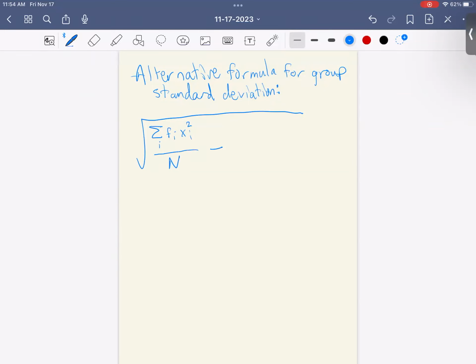And then you can subtract off the mean squared. Okay, I believe this is what Gabriel used in his formula. Let me make sure I'm getting this right. Yeah, that's it. So this formula also works. This is equivalent to our other formula.